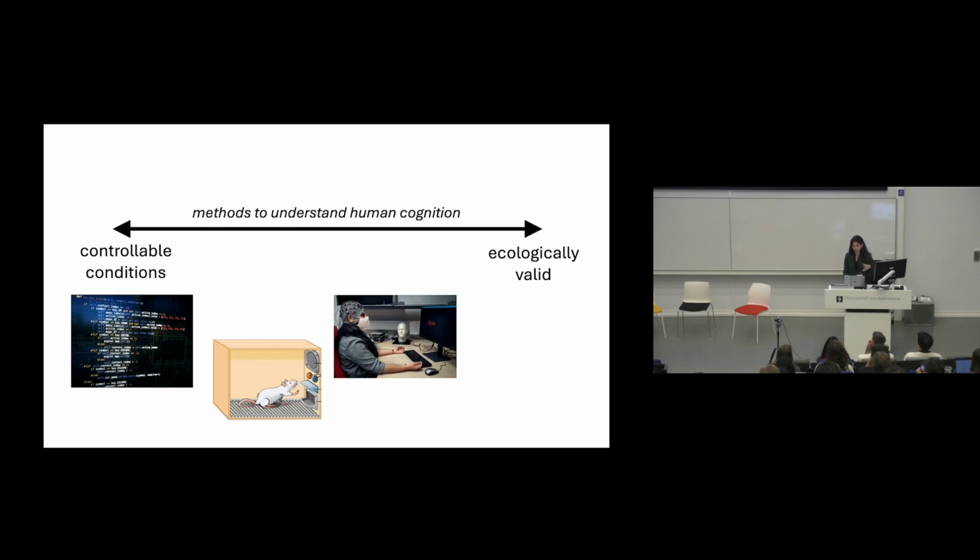But what I'm going to talk about today is a project on the very extreme end of the spectrum, so maximally ecologically valid, using real-world behavior and seeing if we can understand human cognition by directly looking at this naturalistic data.